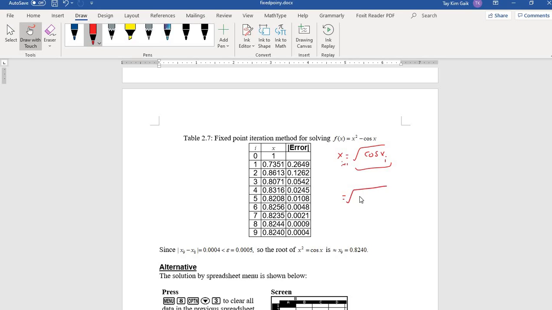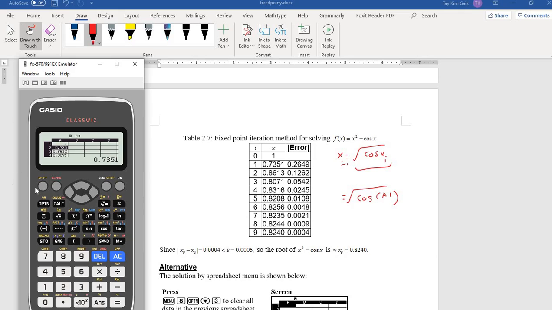The square root, cos of x naught, which is stored in cell A1. This is my formula, Shift, menu, number 4, number 2, I just key in this formula.